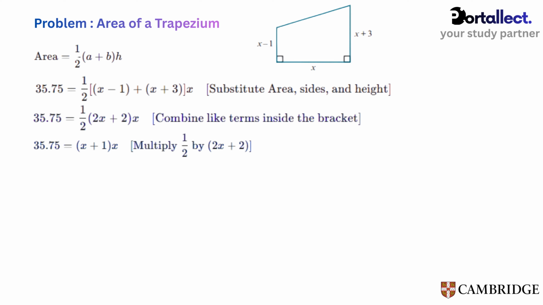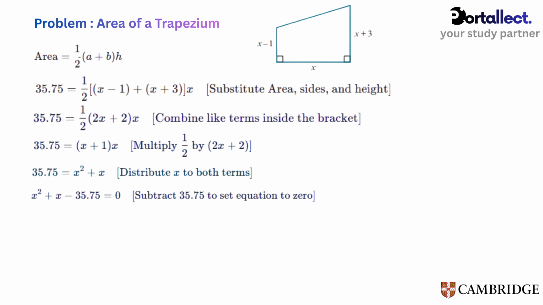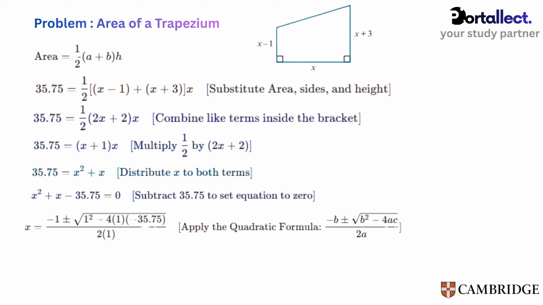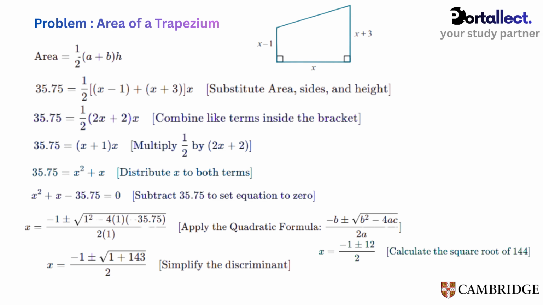After distributing the x on the right side, we get x squared plus x. To solve the quadratic, we move everything to one side to set the equation to 0, giving us x squared plus x minus 35.75 equals 0. Using the quadratic formula, we find that the value under the square root simplifies to 144.